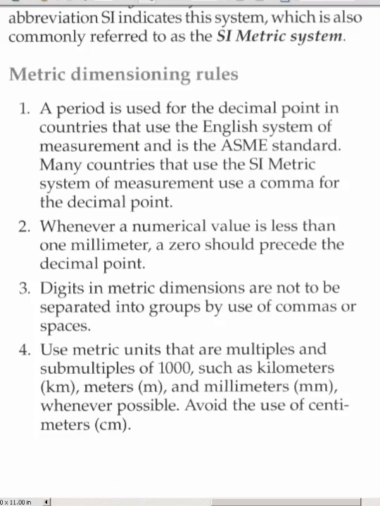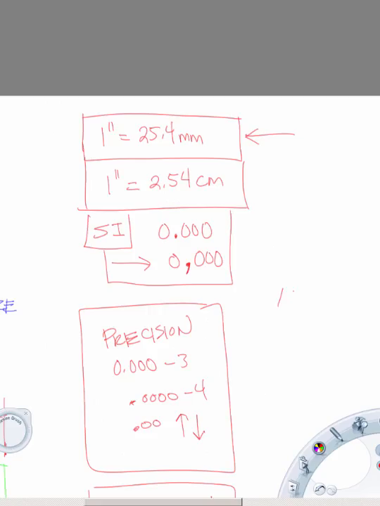Couple basic rules. Basically, if a number is less than 1 millimeter, a 0 should precede it. Digits in the metric dimensions are not to be separated into groups by use of commas or spaces. So you don't use commas for values like a million. You don't use spacers for that. We won't use a spacer for 1,000.